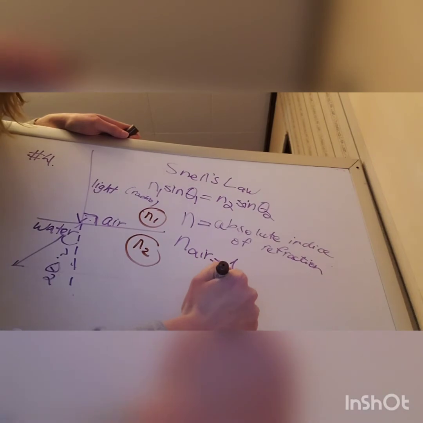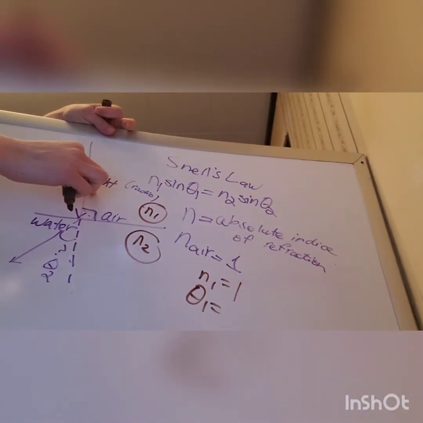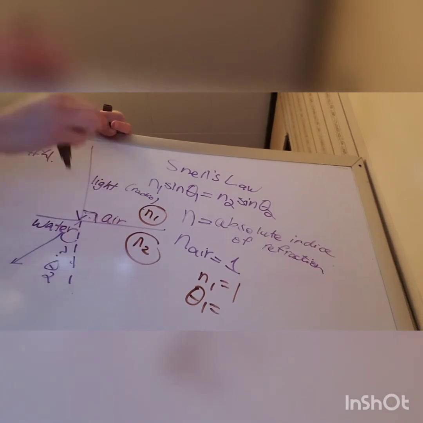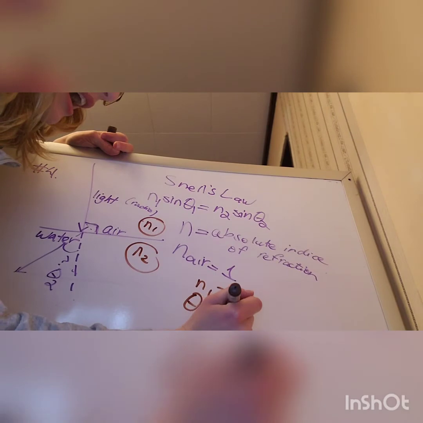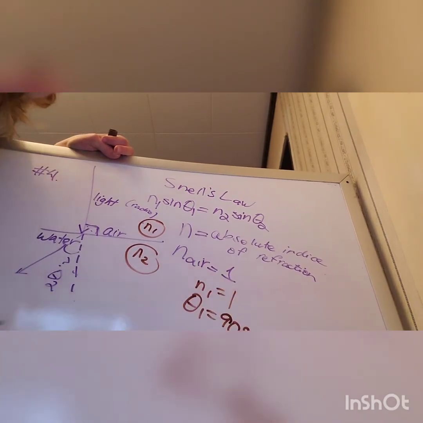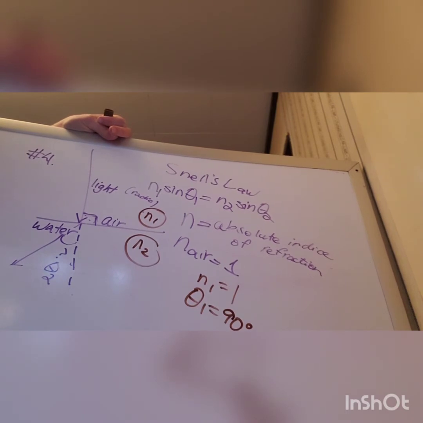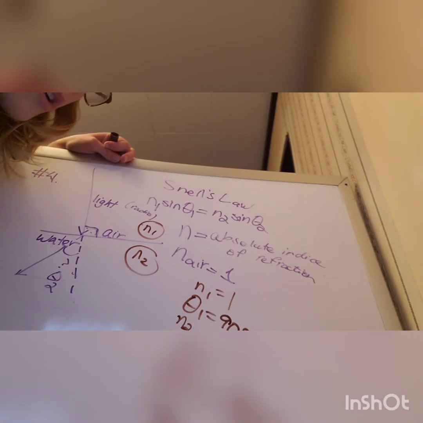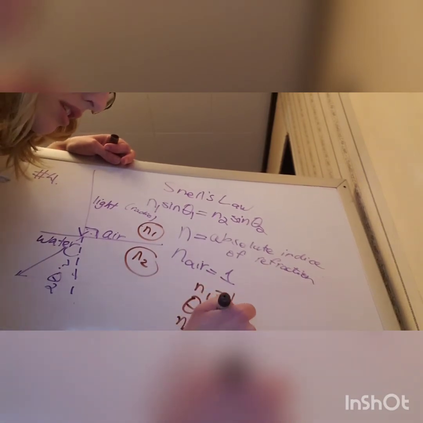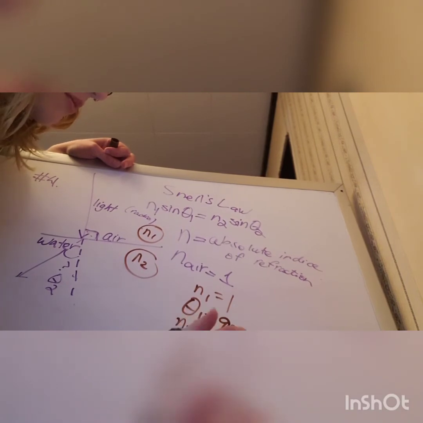My theta 1 is the difference between my incident ray and the medium that it's in, and it has a difference of 90 degrees. So it happens to be 90 degrees for this first one. My N2 is 1.33, and my theta 2 remains to be determined.